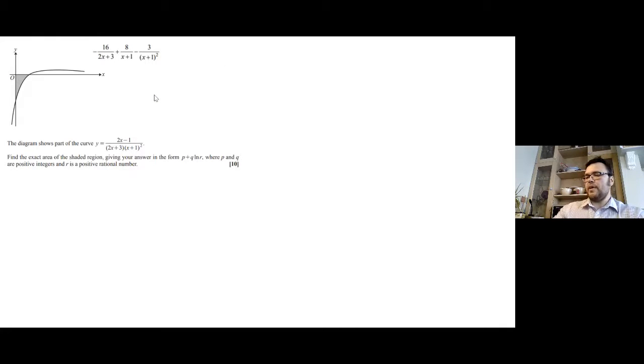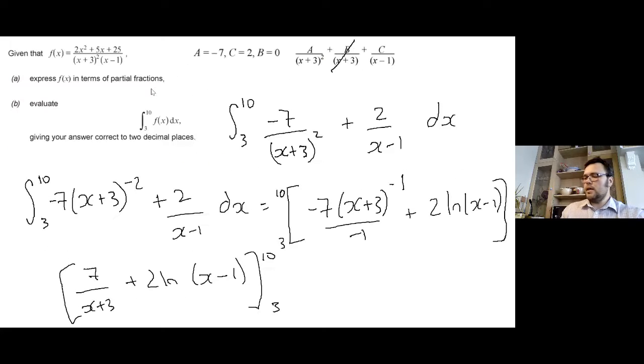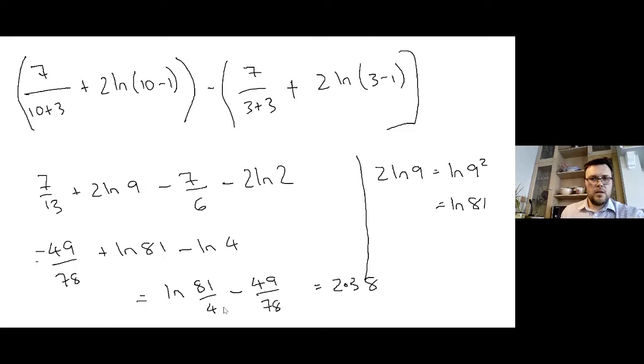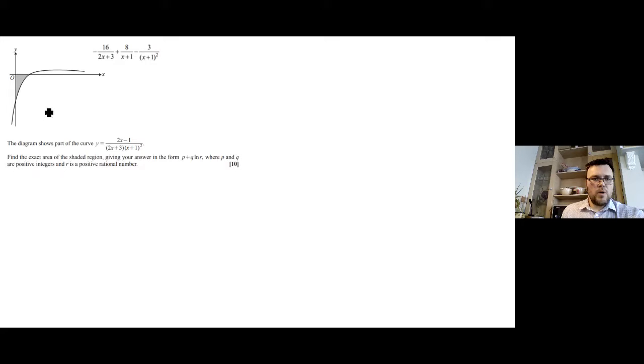So we need to find out that value. We need to find out where it is equal to 0, that is where this graph crosses the x-axis. Therefore, y is going to equal 0.